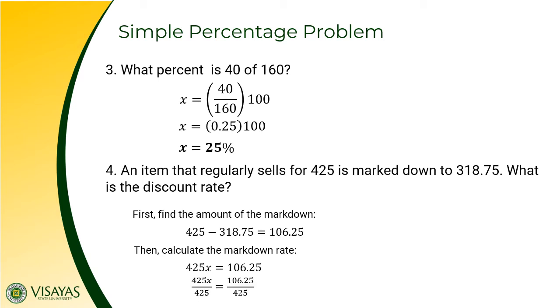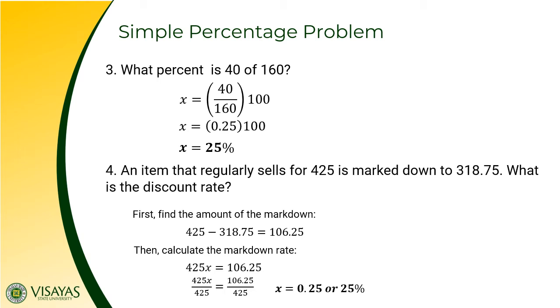Then simplify. 425x divided by 425 is equal to 106.25 divided by 425, and that is equal to 0.25, or in percent form, that is 25%. Nag-multiply lang tayo ng 100 sa 0.25. That is 25%. Ibig sabihin, 106.25 is 25% of 425. And ibig sabihin din na yung item is naka 25% less, or naka-discounted siya ng 25%.